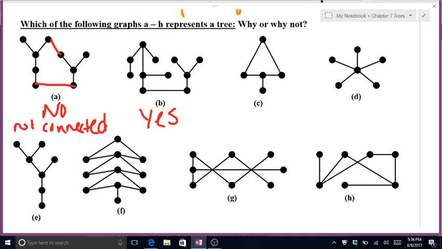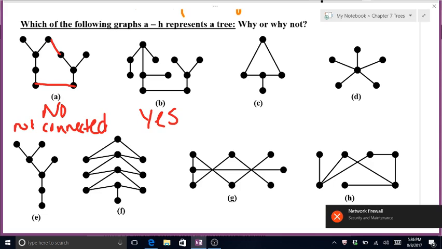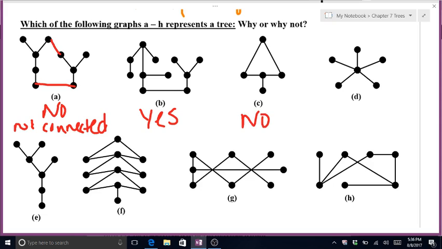Graph C. Graph C is a no. We have a nice big circuit here.